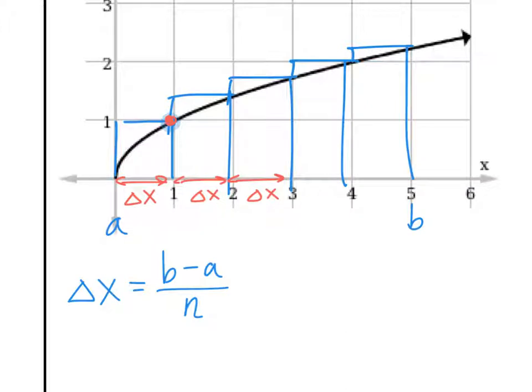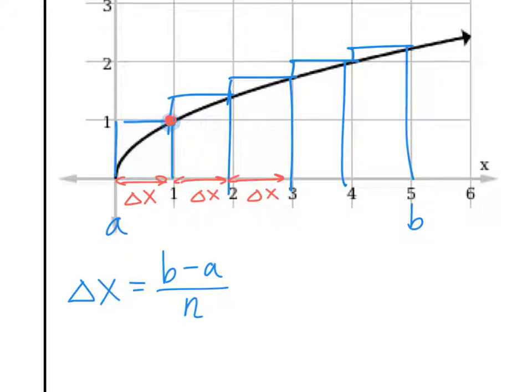So we start at A. Where is this point? That's supposed to be 1, but what is this point called? If this is A and I moved over delta x, then what is this point? A plus delta x. Can you guys all see that?